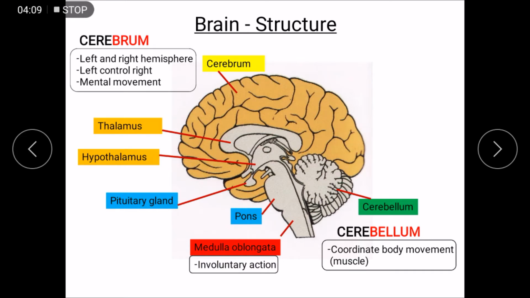So in your textbook you can see that examples given for involuntary movement are the heartbeat, the breathing, the vasoconstriction, and then the coughing, sneezing, hiccuping. All these are under involuntary action, including our peristalsis. As for the cerebellum's movement coordination, it means the balancing, the position.